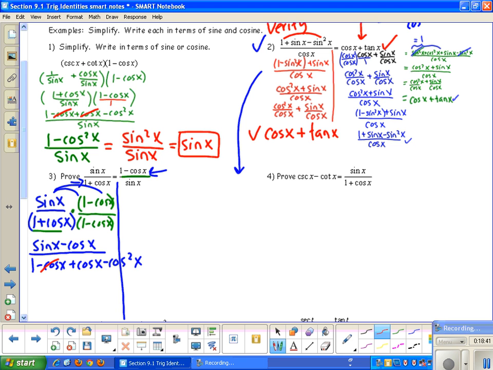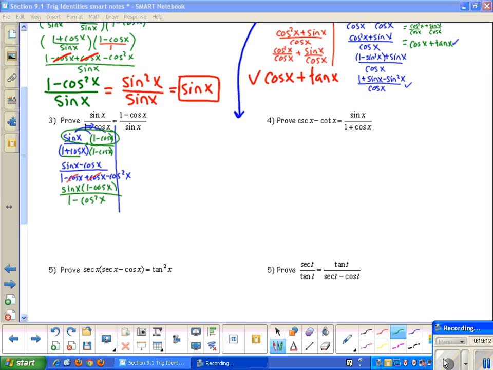Negative cosine x plus cosine x ends up canceling out, and I'm left with, in my numerator, sine x minus cosine x, which I really didn't have to write like that. I probably should have kept it without distributing because this is how it is in my numerator, so I'm going to go back to how it was. So I have sine x times 1 minus cosine x all over 1 minus cosine squared x.